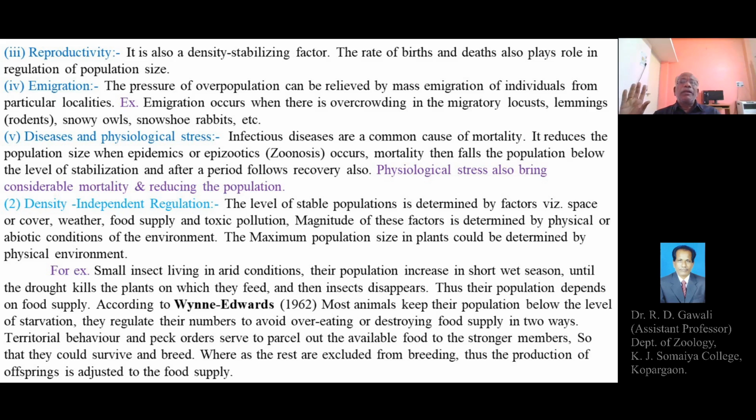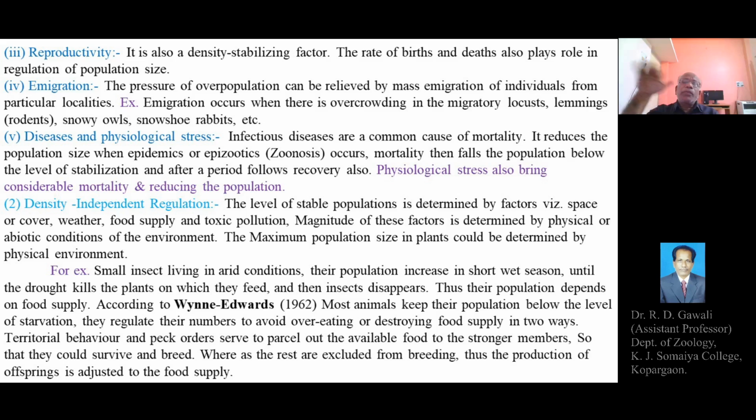Diseases and physiological stress reduce the population size whenever there is an epidemic or epizootic, meaning the infections of disease causing agents or the parasites or the pathogens from a particular area or maybe from certain other place.